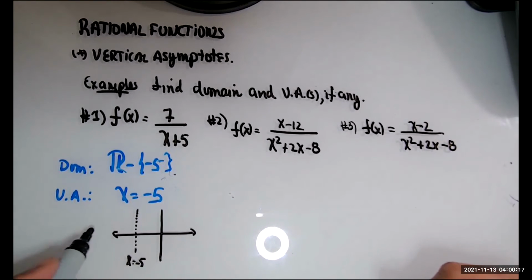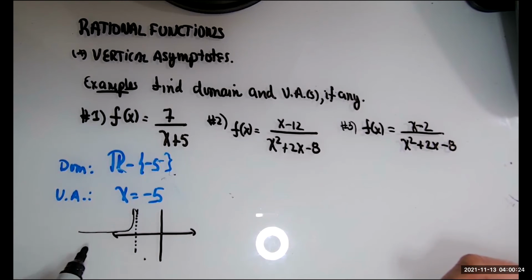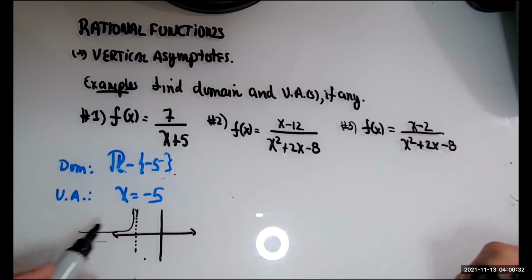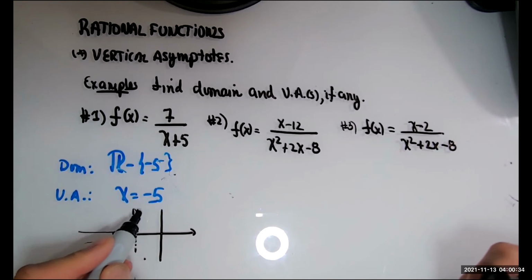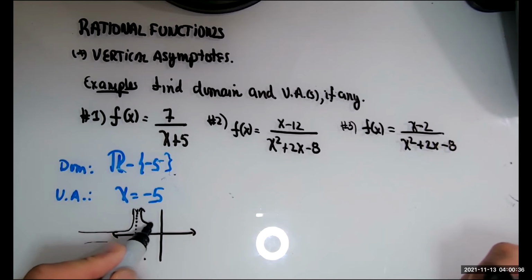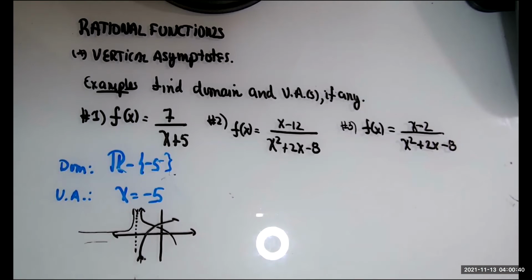This graph might come from here and then attempt to go to positive infinity, or maybe the graph comes like this, but then it will be shooting down. We don't know yet. And then once we hop over x equals -5, it either starts from infinity and goes down, or comes from negative infinity and goes up. We don't know yet.